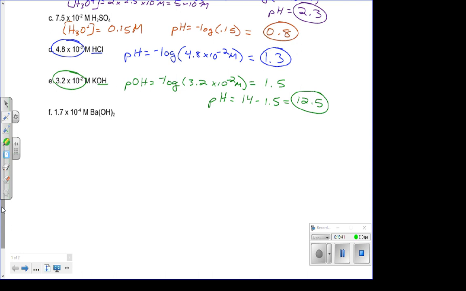And then for letter F, we have a formula that ends in OH, but it has 2 OHs in it. So our OH concentration is going to be double of this number, which is 3.4 times 10 to the negative 4.